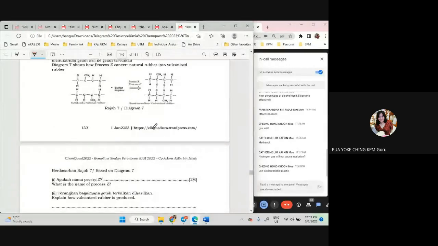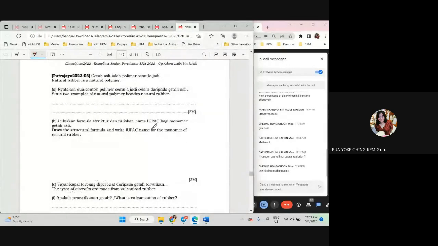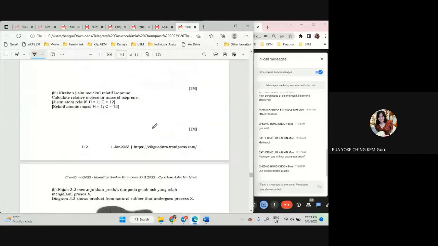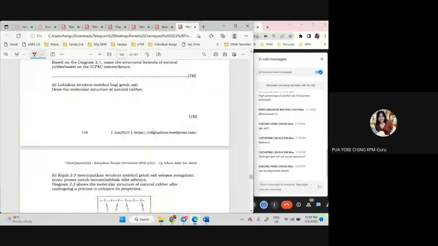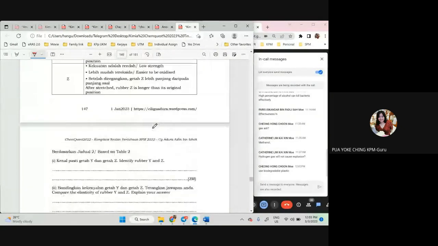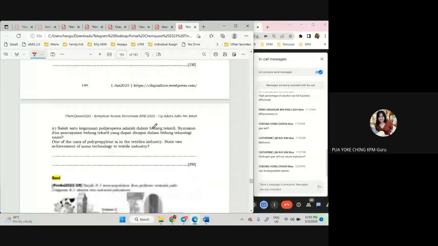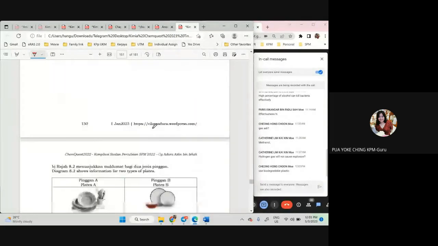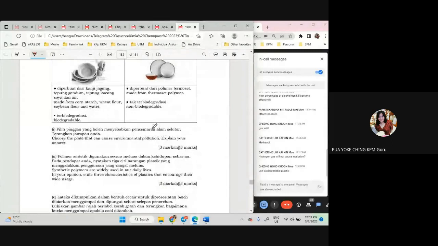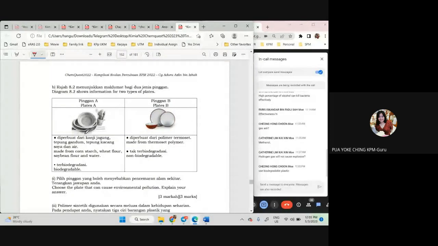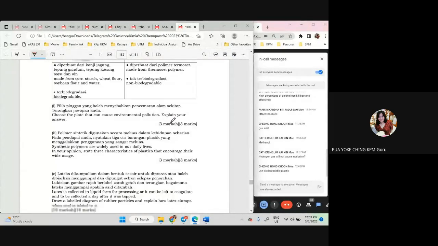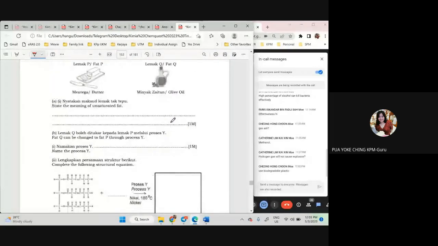Okay? So I go to the last chapter. Okay? Kalau you go through, lebih kurang sama. But you can read too so that you can get a lot of idea. Okay, macam mana dia nak keluar. So this is the biodegradable and non-biodegradable. Okay, chapter 5. Yang ni lagi sikit ditanya.